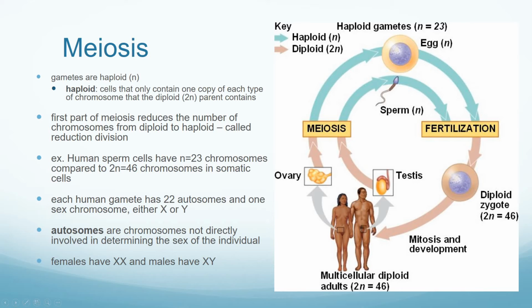Once fertilization happens, their chromosomes will add up in numbers, which will create our diploid, which is 46, and it goes through mitosis and development. And then for the cells that are in the ovaries and the testes, which are the reproductive organs or the gonads, they will start creating these cells that will go through meiosis to create more ova and sperm cells.